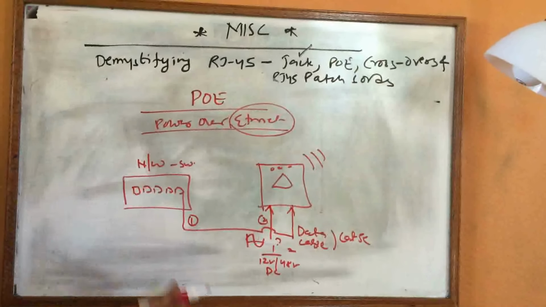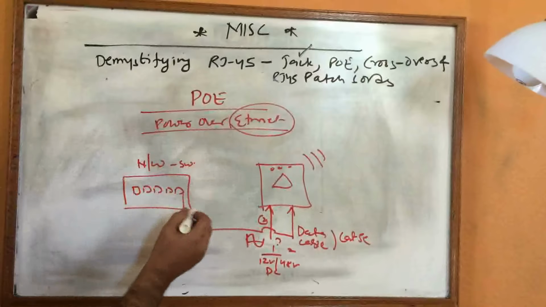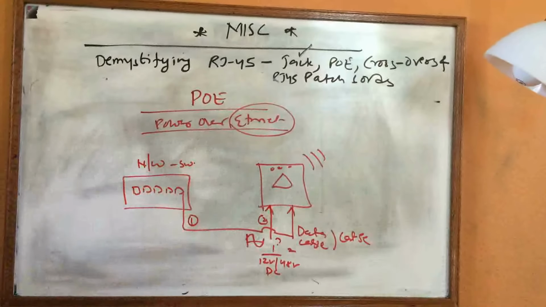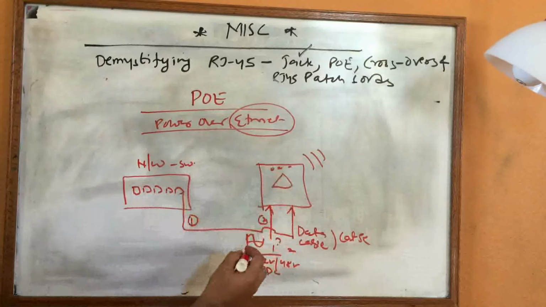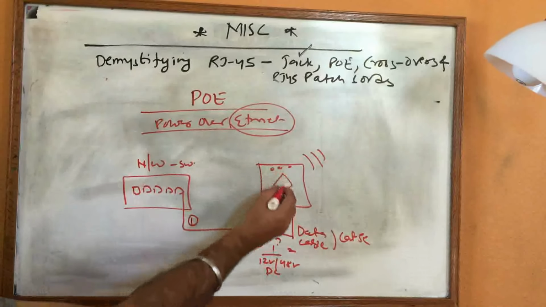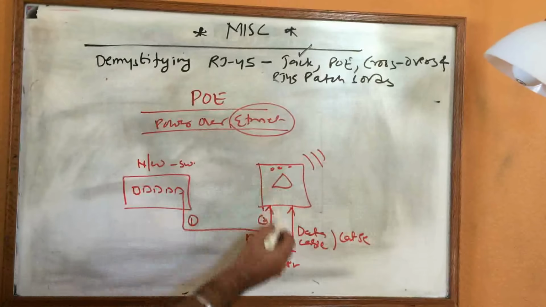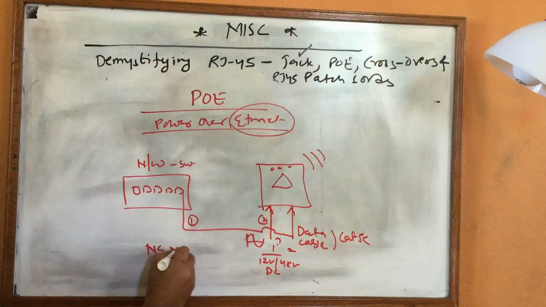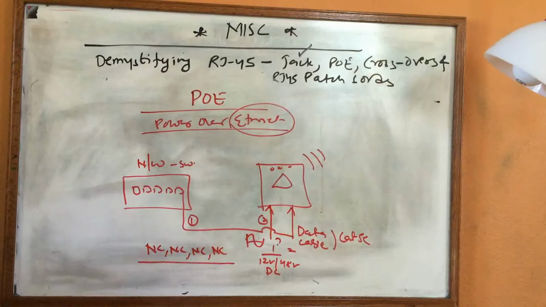So what we are trying to discuss here is the problem statement, what we were trying to solve by putting the power over the Ethernet. People thought: why not put power and data wherever the data cable is already going? If you remember, we have four individual wires which are not connected in a data cable.